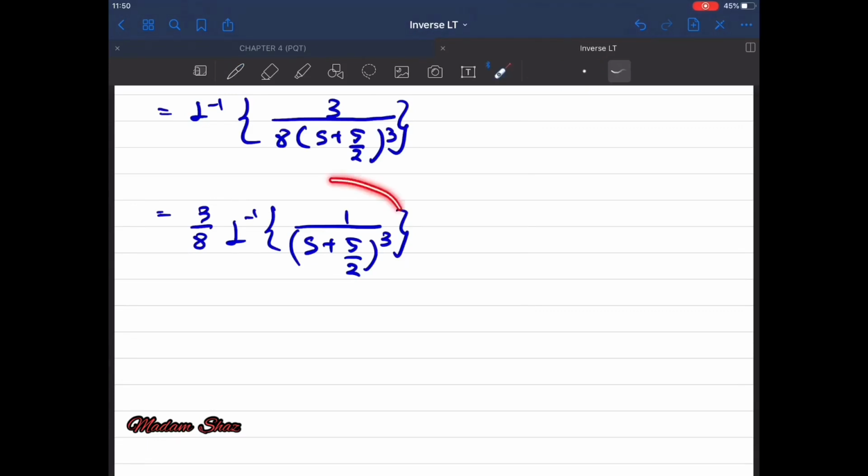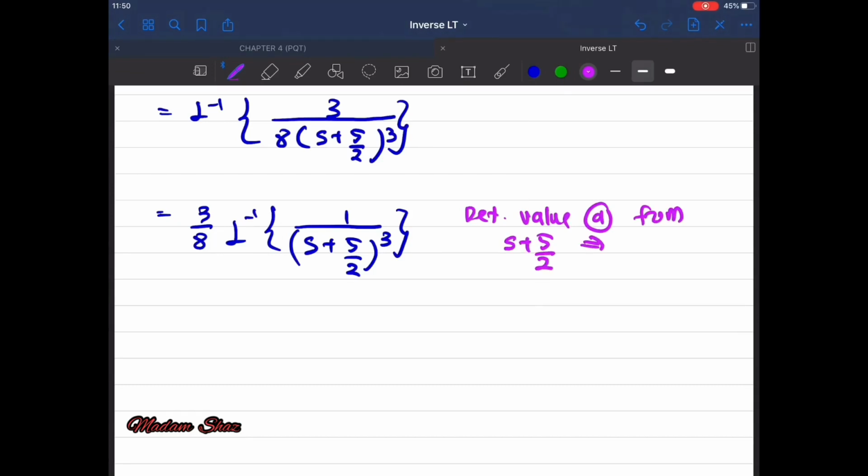So now we will apply the first shift for the inverse Laplace transform. The first step, you have to determine the value of a from s plus 5 over 2. So therefore our a will become negative 5 over 2.